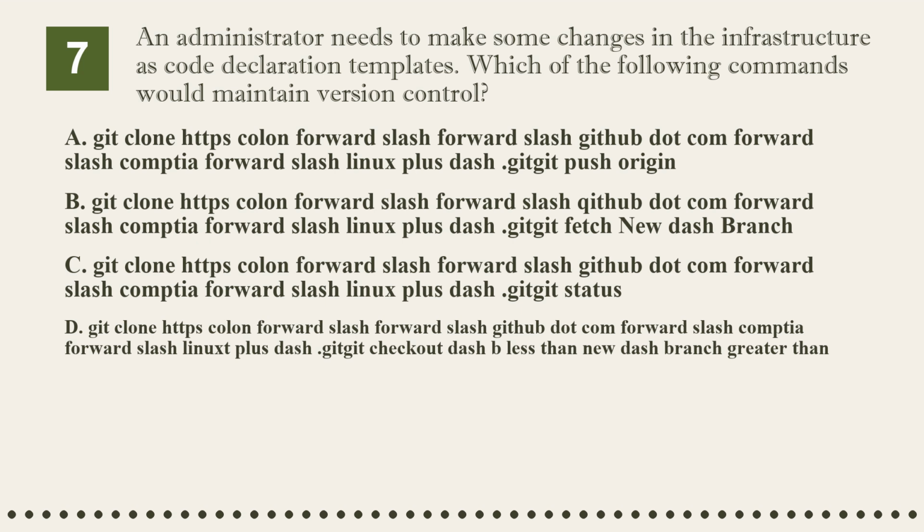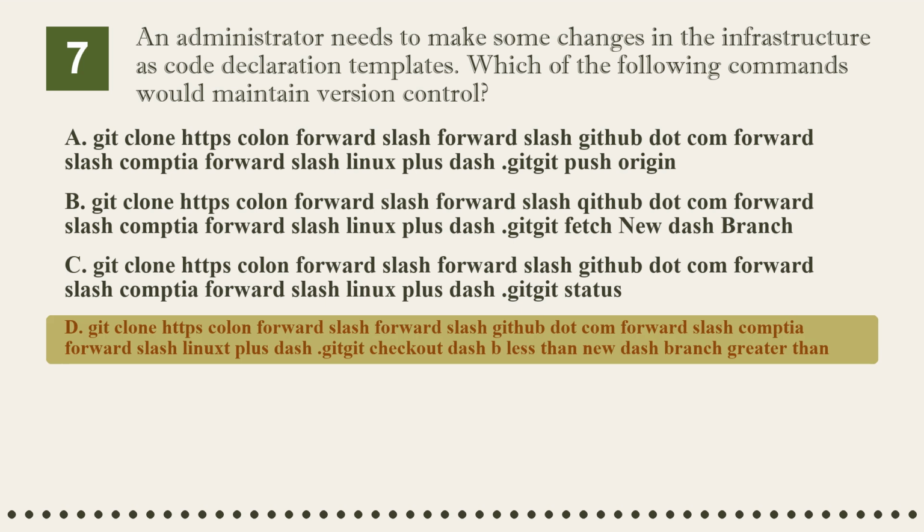Option C, git clone https://github.com/CompTIA/Linux Plus, git status. Option D, git clone https://github.com/CompTIA/Linux Plus, git checkout -b less than new branch greater than.